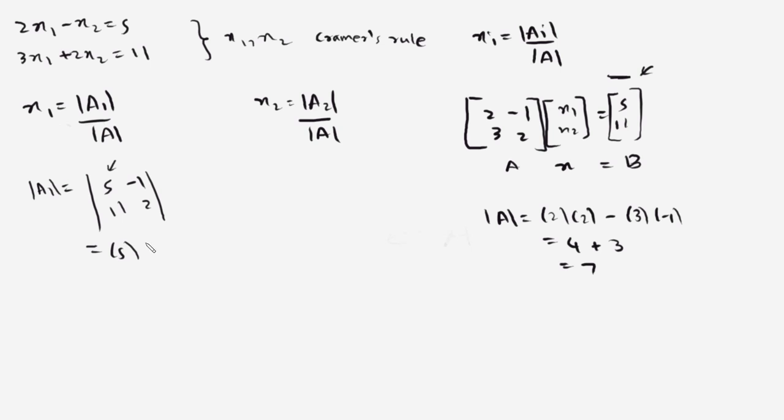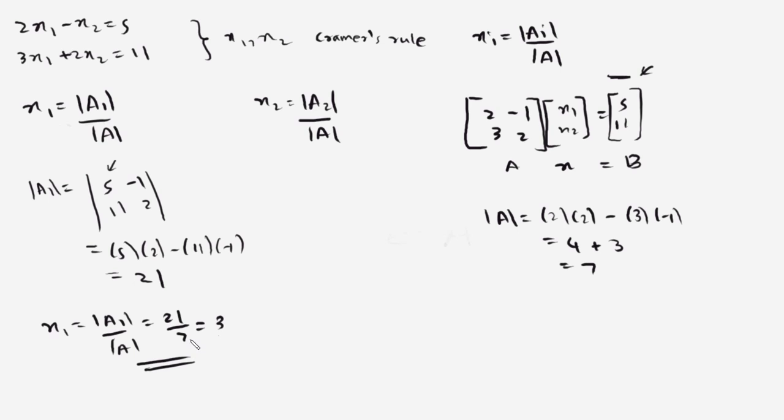The new determinant will be 5 times 2 minus 11 times minus 1, which is 21. Then x1 will be 21 divided by 7, which is 3. So this is the answer for x1.